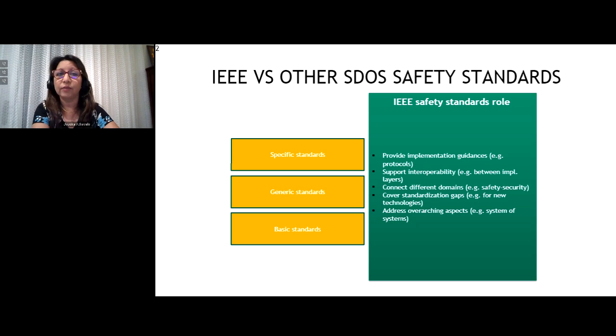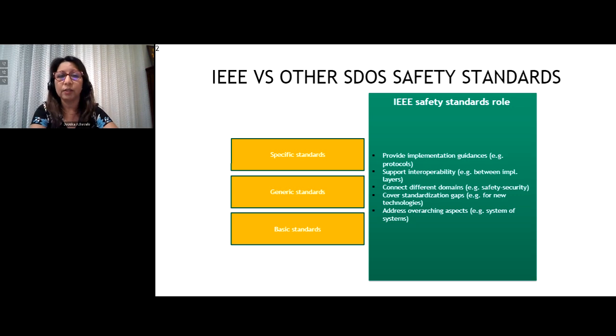And then we have what we call the generic standards. These refer to standards such as the UL 4600, the ISO TR 4804, the ISO TS 5083. And then we also have the function-specific standards, where IEEE fits in, as you can see here in the green box, is kind of overarching or trying to provide a bridge or a glue across all of these standards.